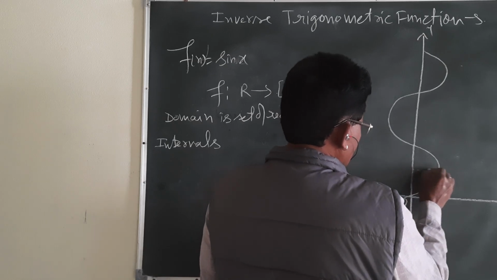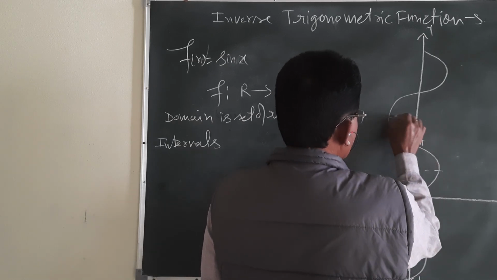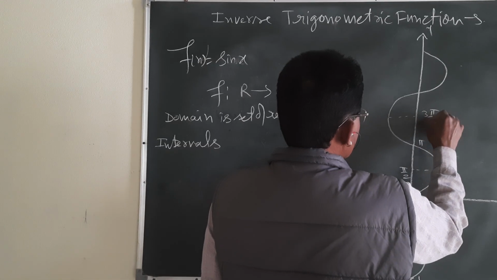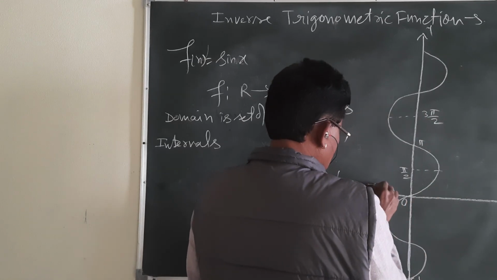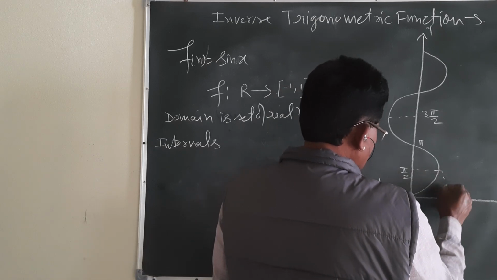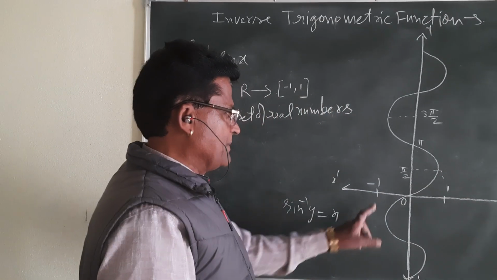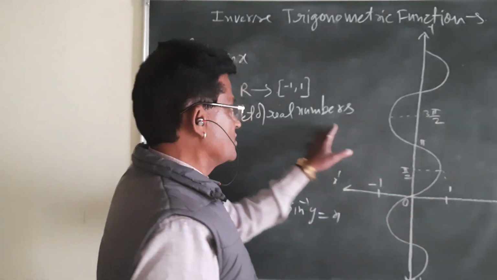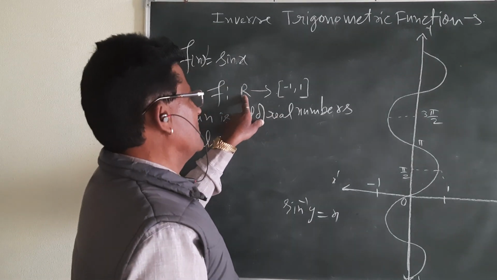Origin, pi by 2, pi, 3 pi by 2. Here also you can take, but you see, minus 1 to 1. Our domain will be minus 1 to 1. As I told you, here the domain is the set of real numbers.